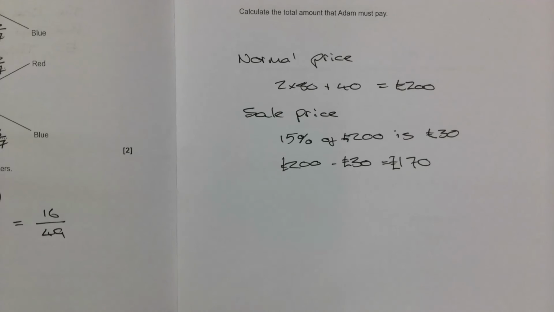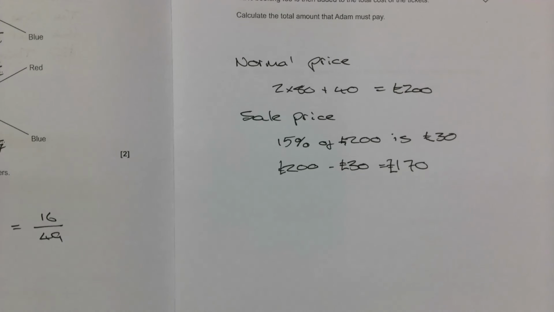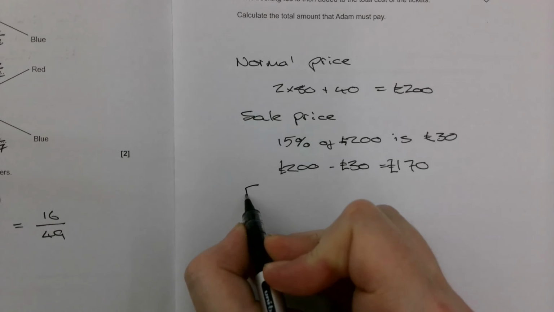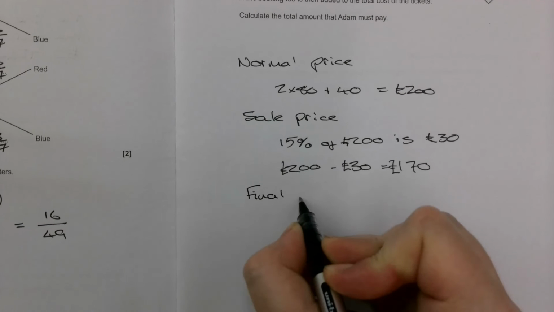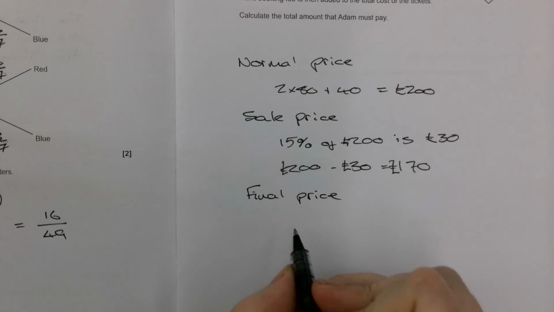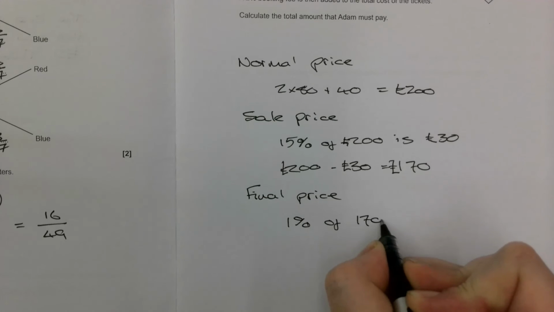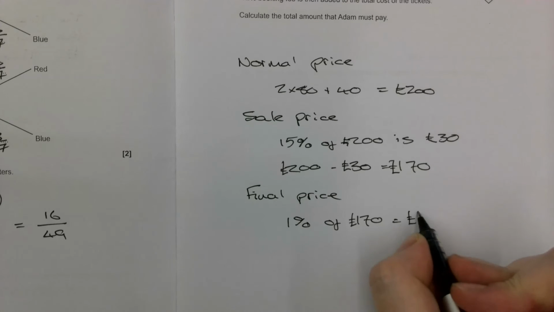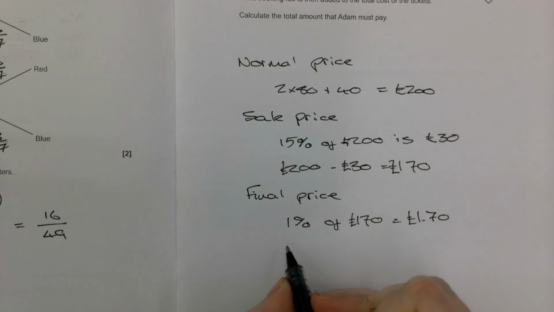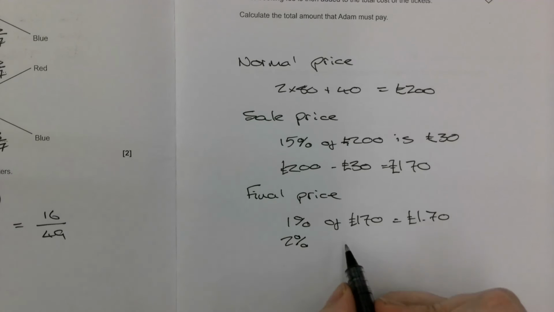Now we need to add on the 2% booking fee to get our final price. So 1% of £170 is £1.70. Therefore 2% is going to be double that.